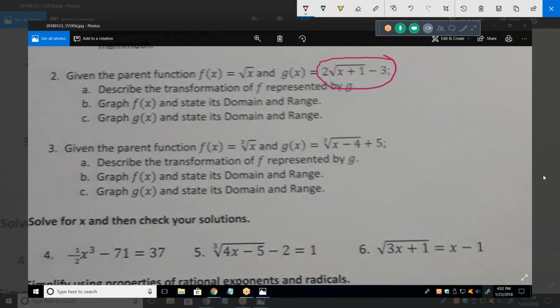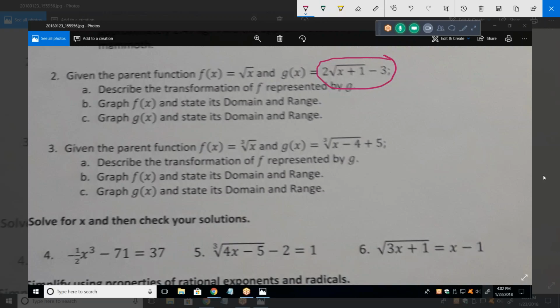When you're talking about domain, you're basically talking about what can x not be. That's the way you have to think about domain. It's not so much what x can be, but what can x not be. Well, if you look at g of x, how am I to restrict x?